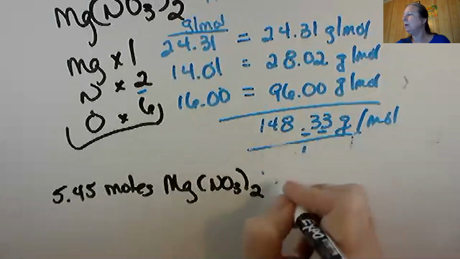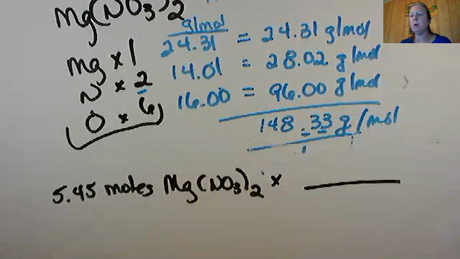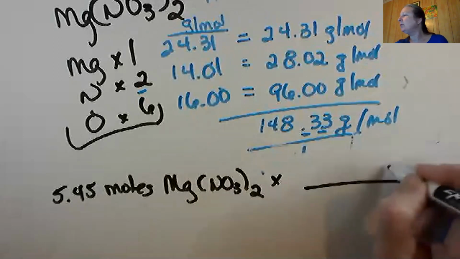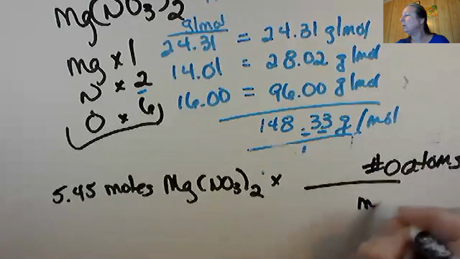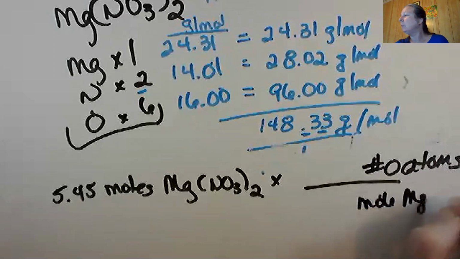Now, get rid of what I don't want and put what I do want. What do I want? I want oxygen atoms per mole of magnesium nitrate.